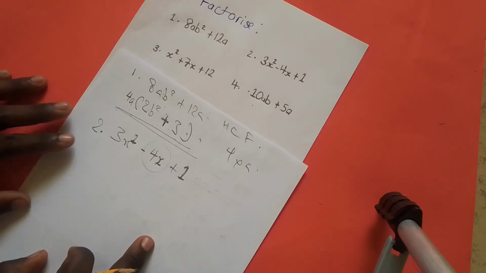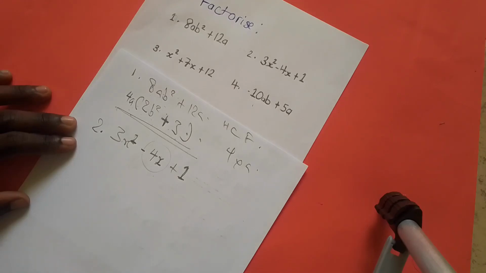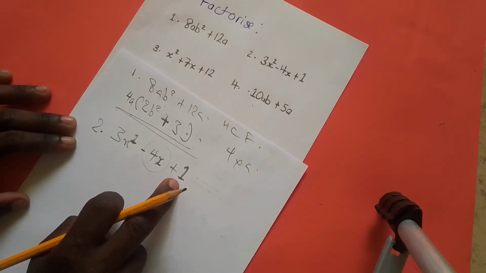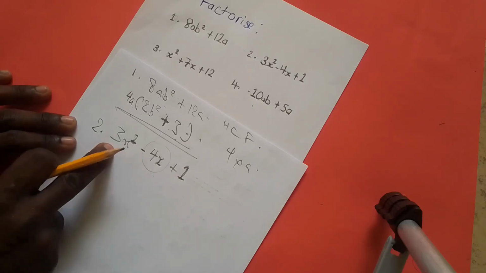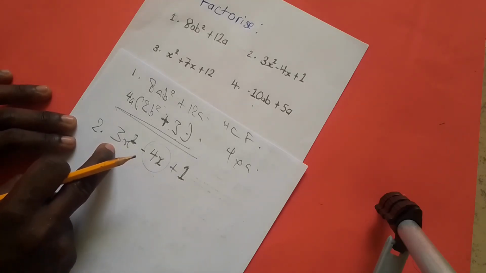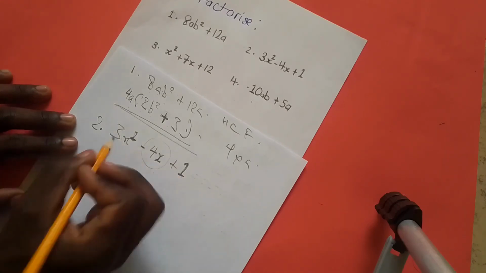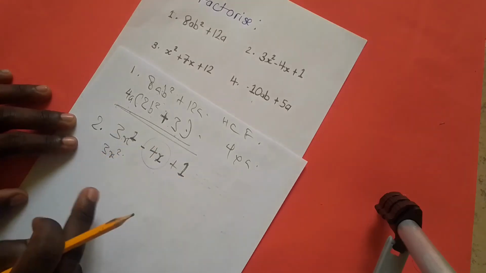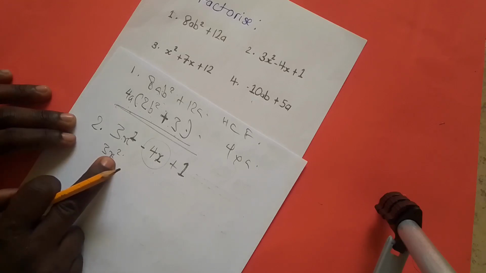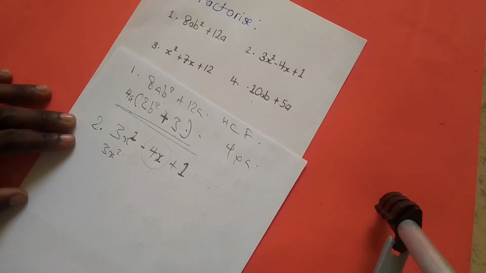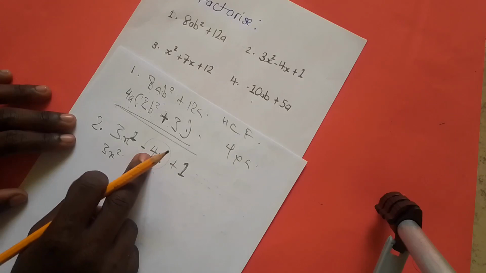Let me give you the trick. The first thing you do is multiply this coefficient with the term in x squared. The term in x squared is 3x squared, so 1 times 3x squared is 3x squared. What are the terms of 3x squared that, when we add or subtract them, lead us to 4x?